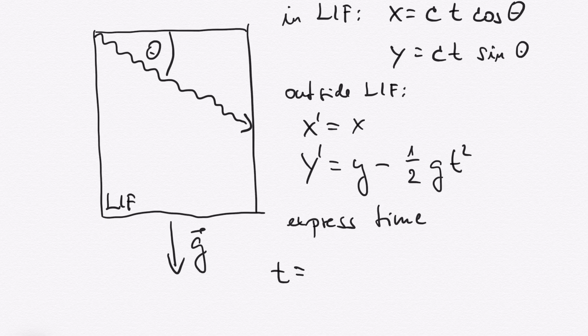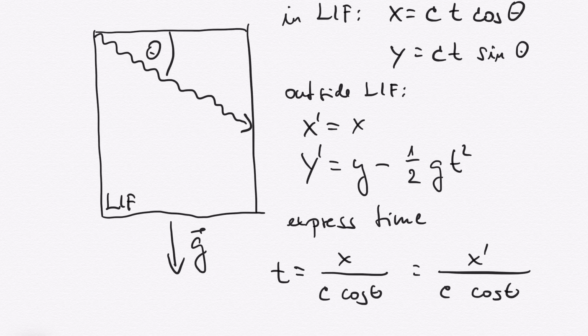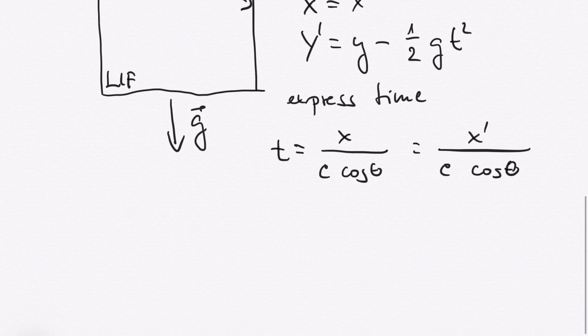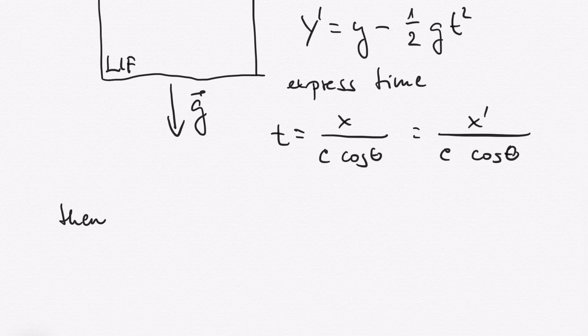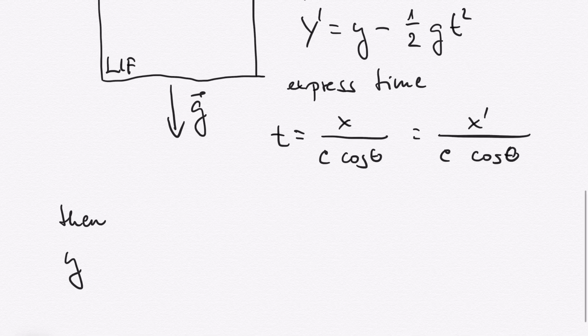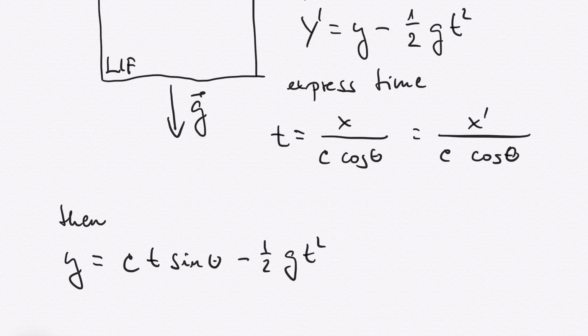Now we can express time with the help of x. So time is expressed as x over c cos theta, which is the same as x prime over c cos theta, and then express y prime with the help of this x. So then y goes like c t sin theta minus 1/2 g t squared.